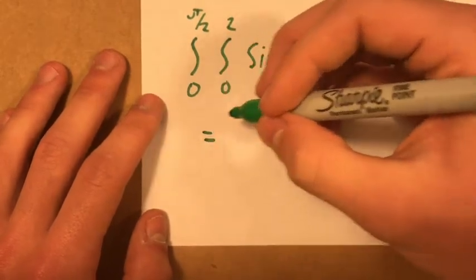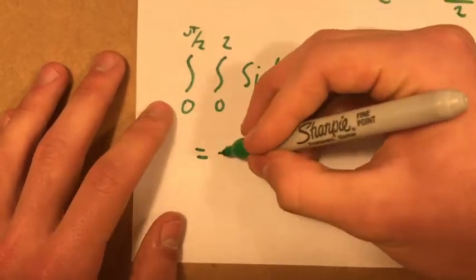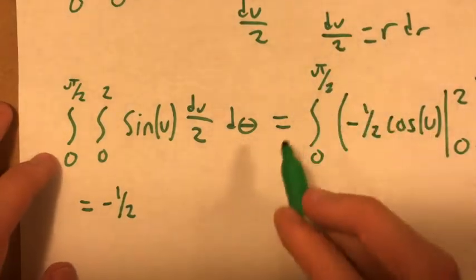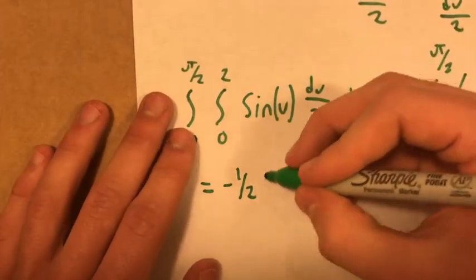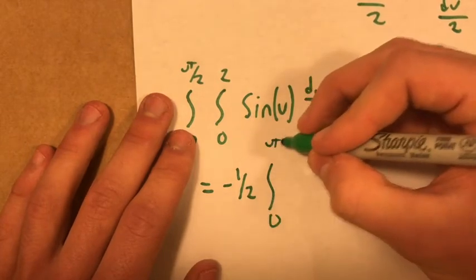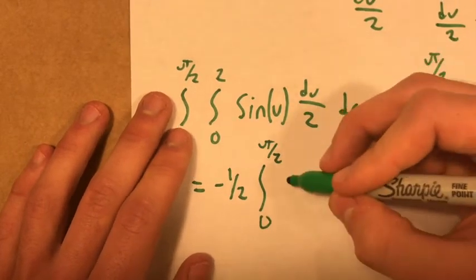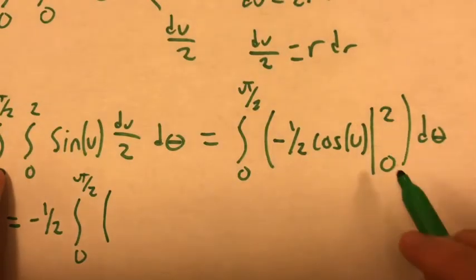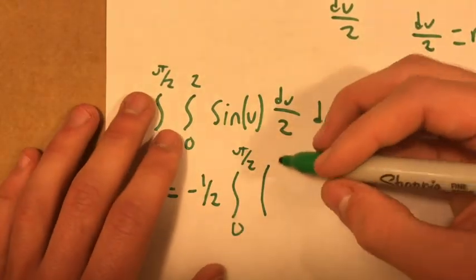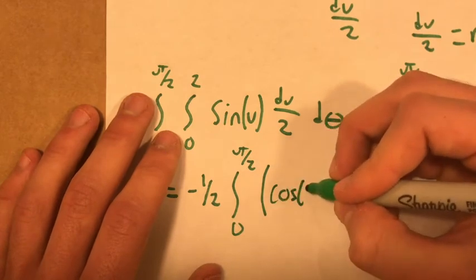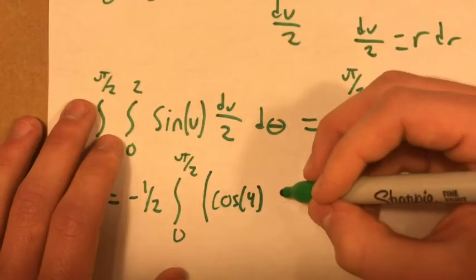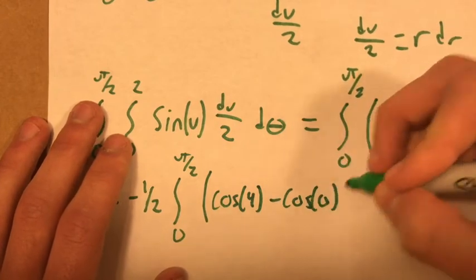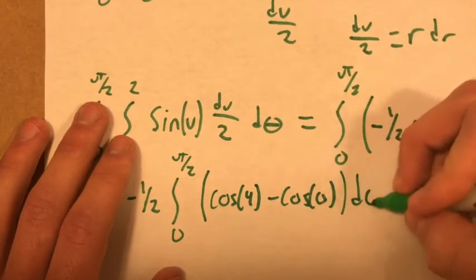This equals negative 1/2. We're just going to move this 1/2 in front. And then when we evaluate from 0 to 2, we're going to get cosine of 4 minus cosine of 0, d theta.